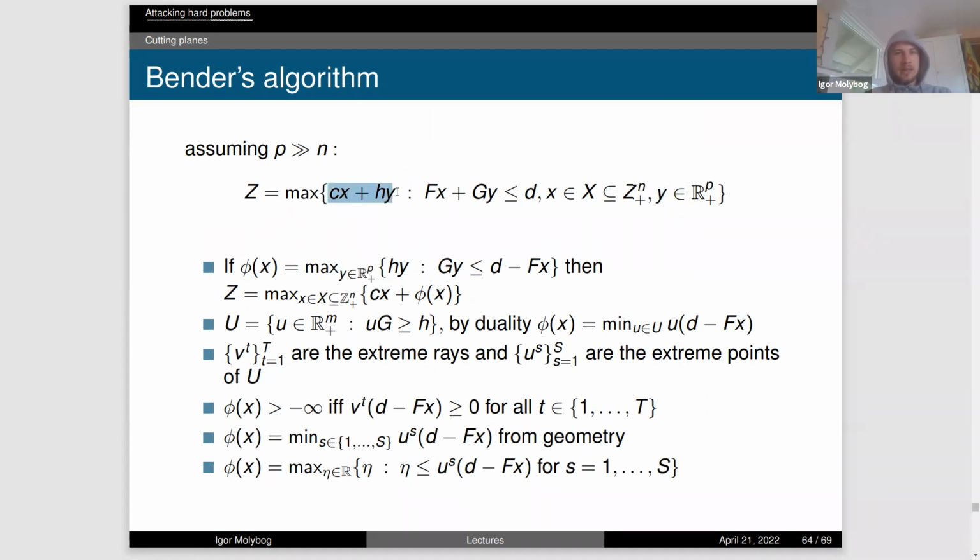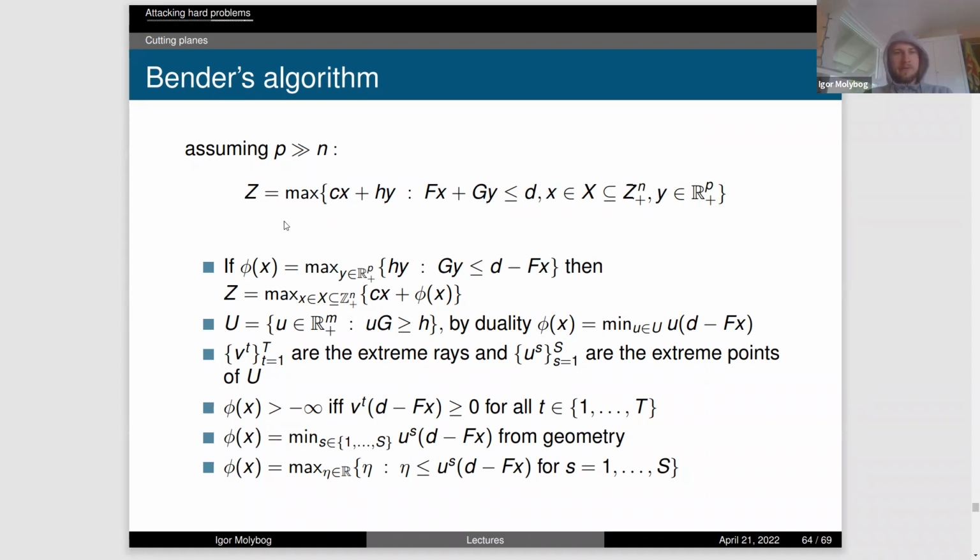So we have a linear objective function subject to a set of inequalities that is written down as a general set of inequalities. F is the matrix that corresponds to the integer valued variables, and G is the matrix that corresponds to the real valued variables.